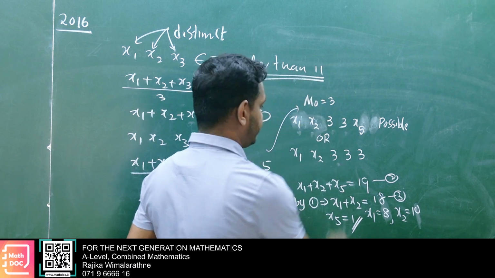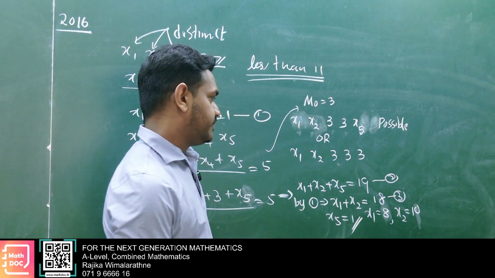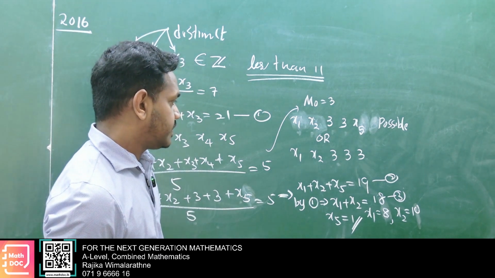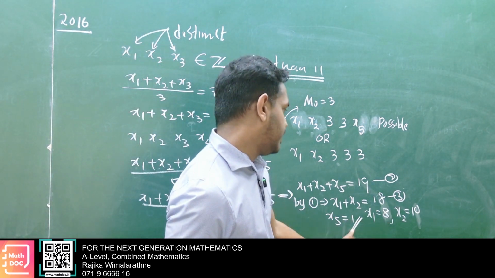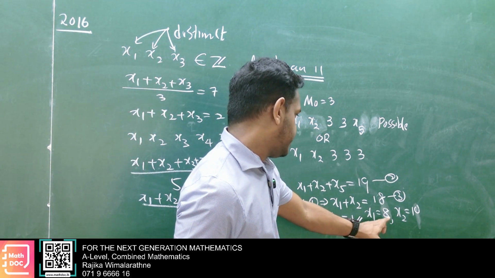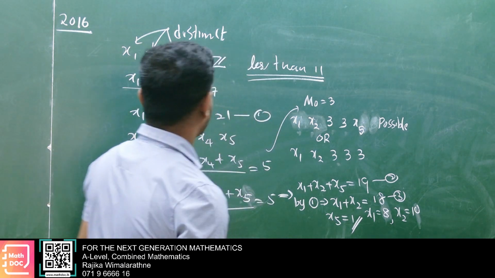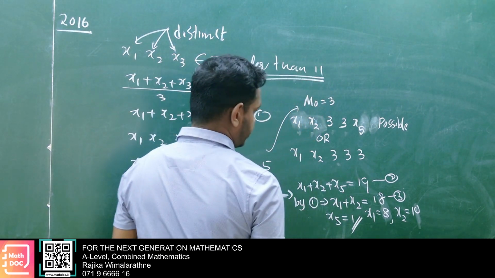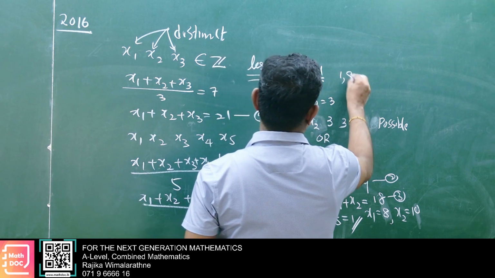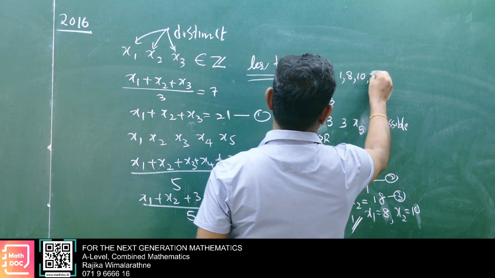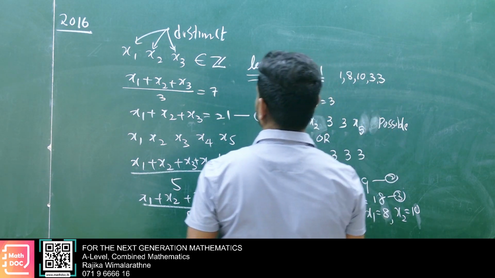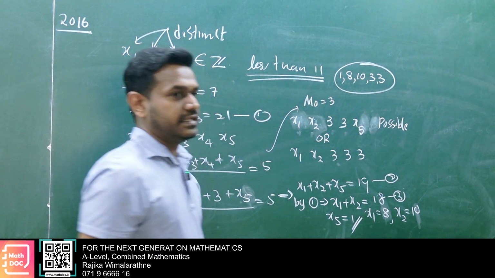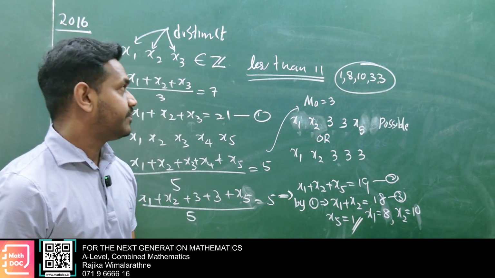Less than 8, no other values are possible. Then 1, 8, 10, 3. That's the value.